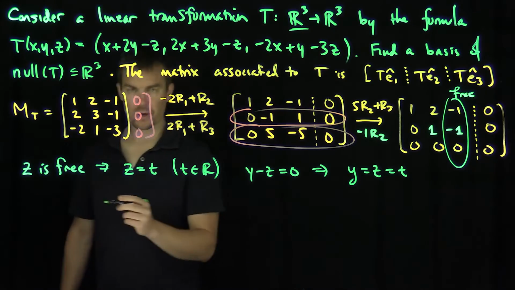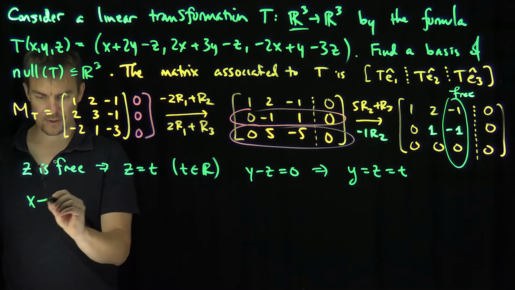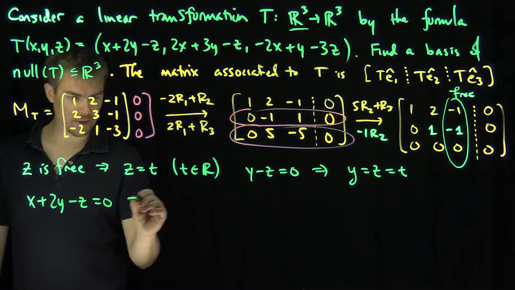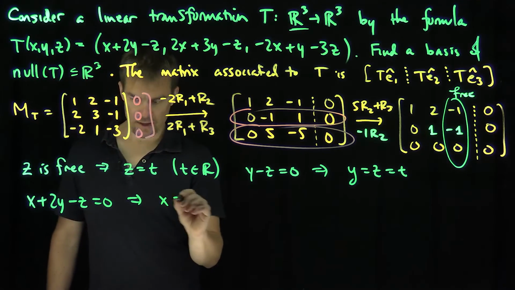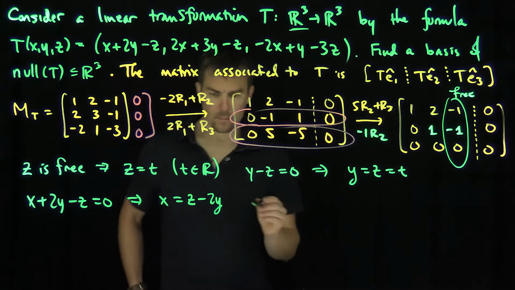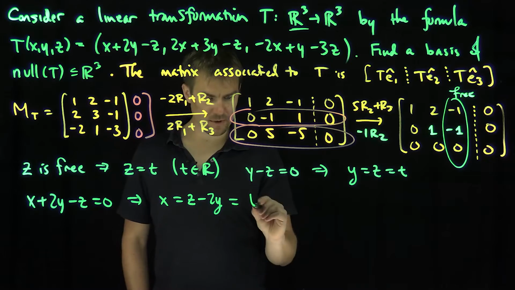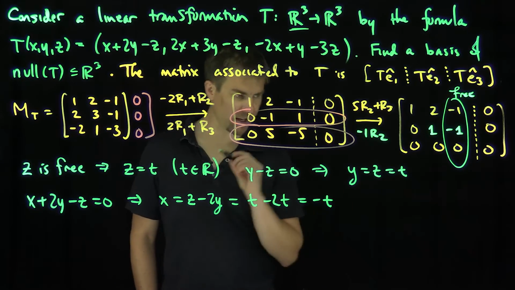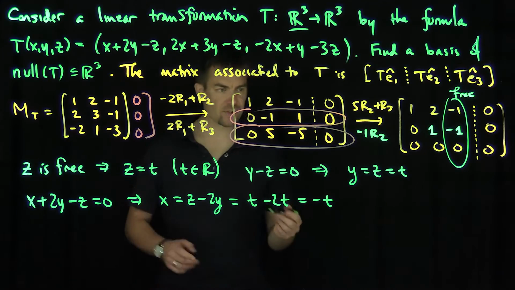The first equation tells me that x plus 2y minus z is equal to 0, so x is equal to z minus 2y. But z is equal to t, and y is equal to t, so that's t minus 2t, which gives minus t.